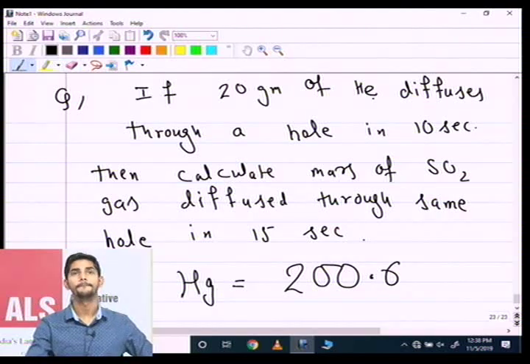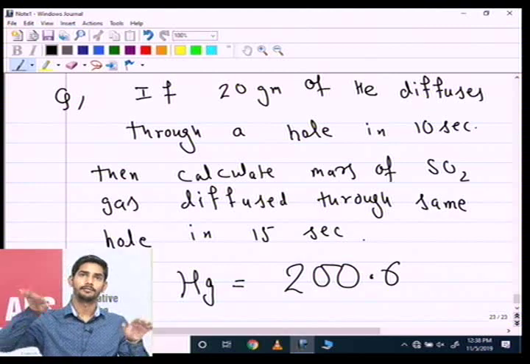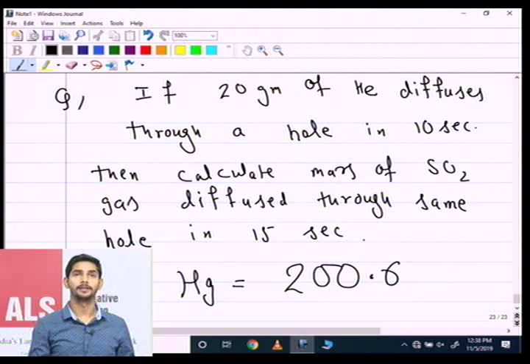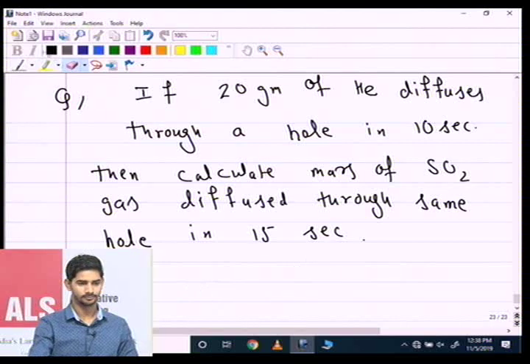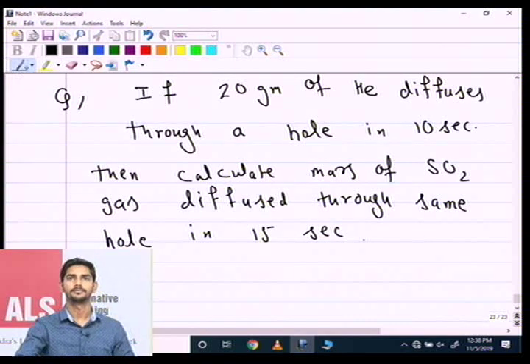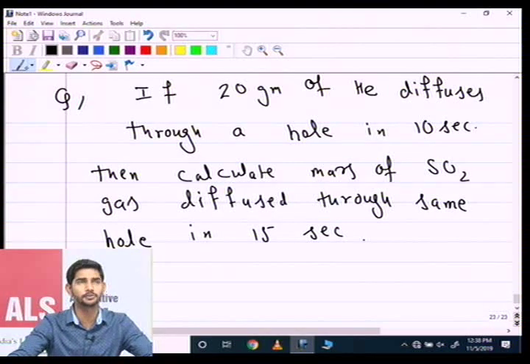Helium. Mercury is a liquid. It can't fly. It will flow. Don't use mercury, use helium. That is why the mistake: E becomes G.